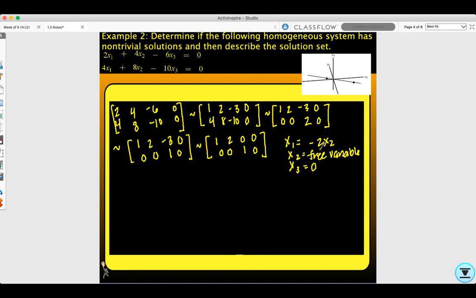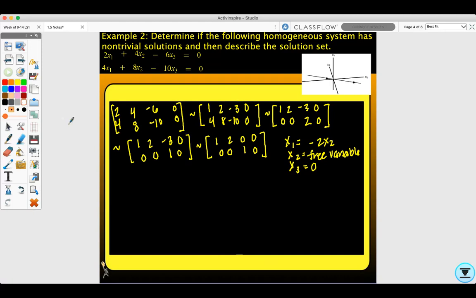And what we could do is describe this as follows. So you will see this notation. We would have x equals x1, x2, x3.